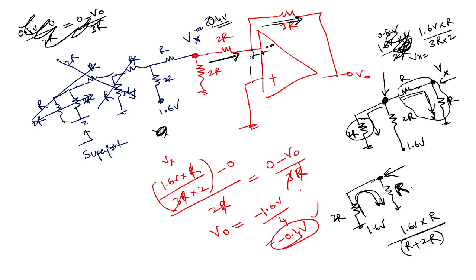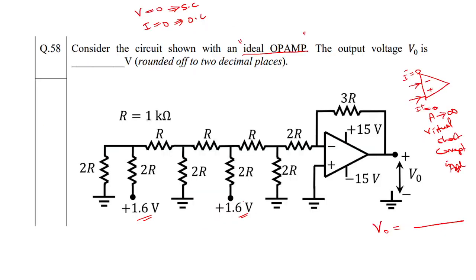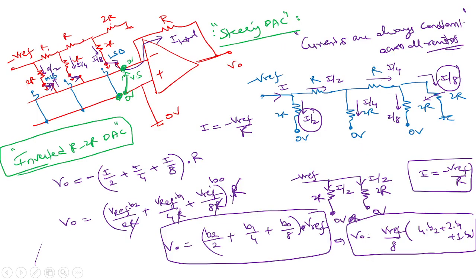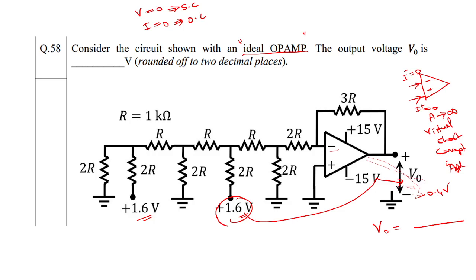Right. So V naught because of one node, what is that? 1.6 volt. So its contribution at the V naught is minus 0.4 volt. Now you find out the contribution of the other 1.6.